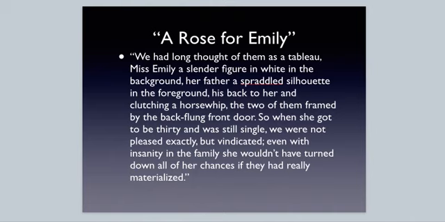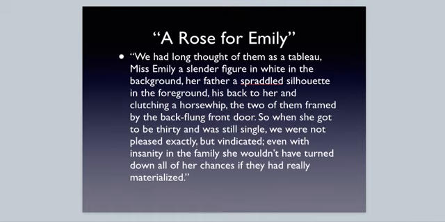And I wanted to highlight for you just a moment from the middle of A Rose for Emily. This is not the beginning, it's midway through. Here's the narrator stating the following. We had long thought of them as a tableau.